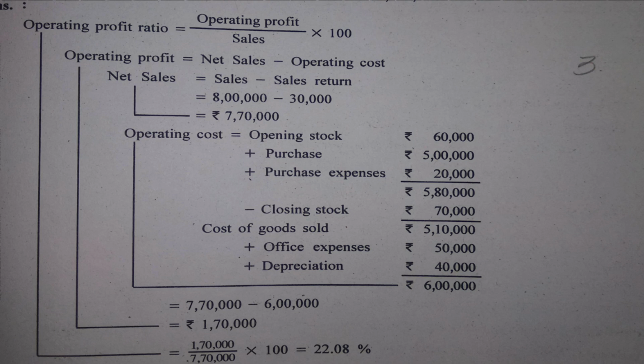Now putting this in the first main formula of operating profit ratio gives you 1,70,000 upon 7,70,000, which is the amount of net sales, into 100. And the answer for operating profit ratio is 22.08%. All the profitability ratios are always presented in terms of percentage.